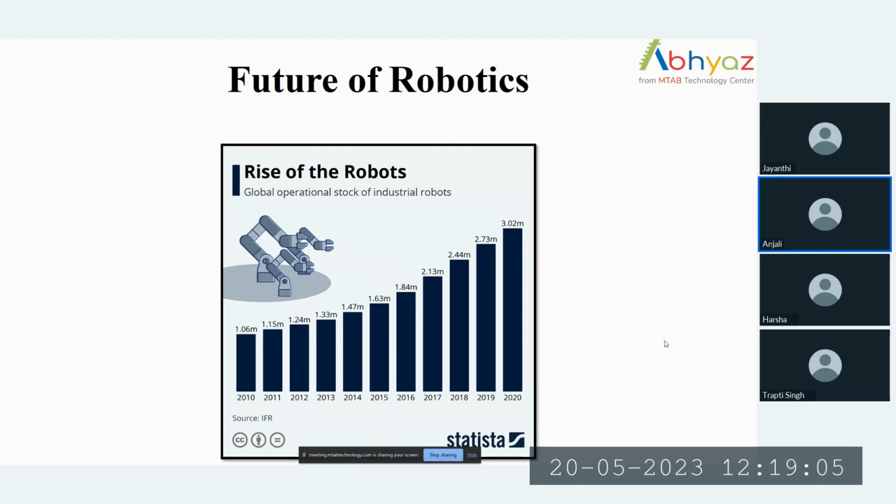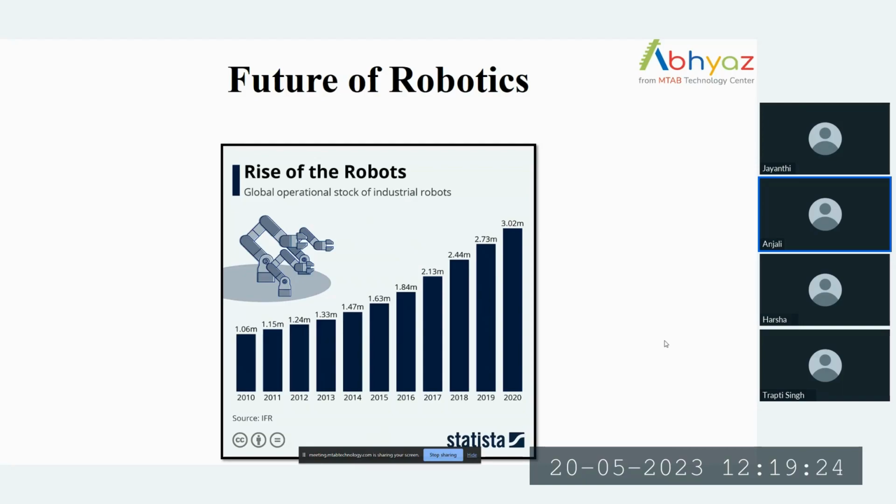As the following chart, based on data from the International Federation of Robotics, shows, the operational stock of industrial robots has tripled over the past decade, with more than 3 million robots in use across various industries by the end of 2020.